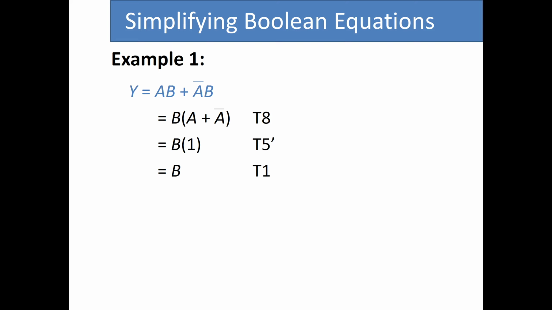If you want more detail, this is the same simplification but with mentioning all the theorems that we have used. We used the T8, we used the dual of T5, and finally we used T1. Of course, you don't have to memorize the name of the theorem, only the concept.